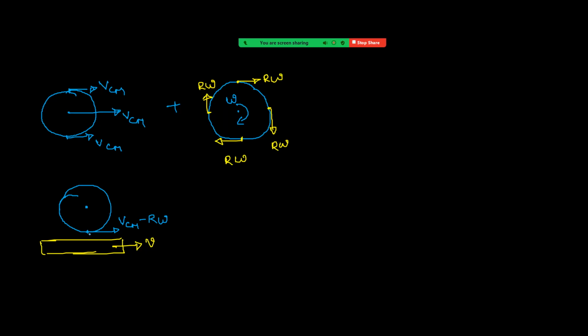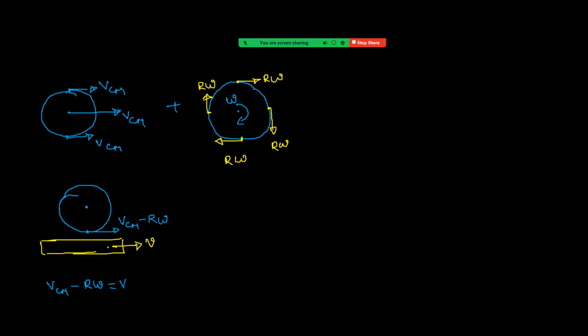I am repeating, if the velocity of the contact point and that of the contact surface are both the same, then there is no slipping. Then it is called rolling without slipping, or we say pure rolling. So the condition is: velocity of the contact point Vcm minus r omega is equal to V. This is the condition for rolling without slipping.